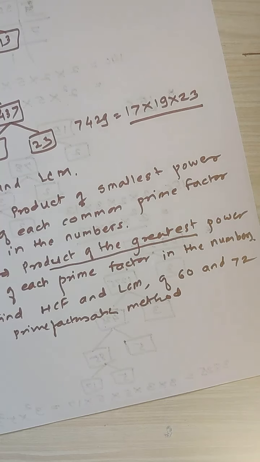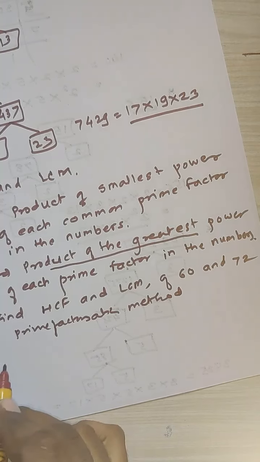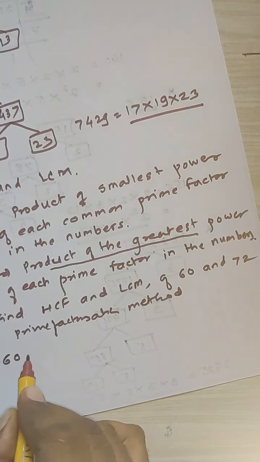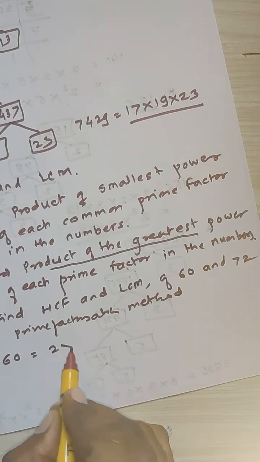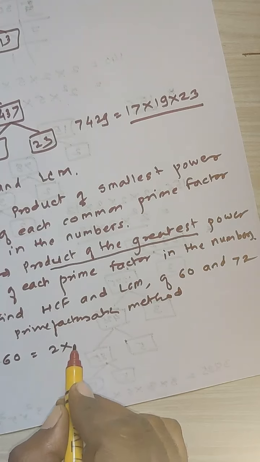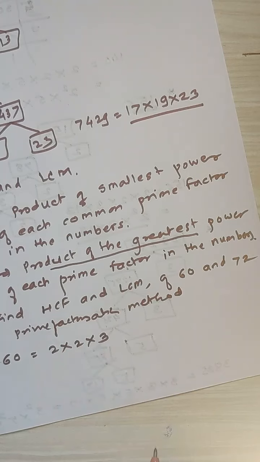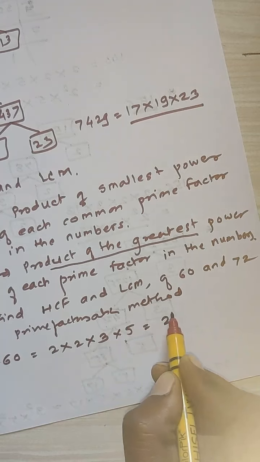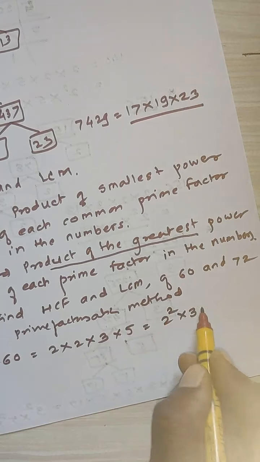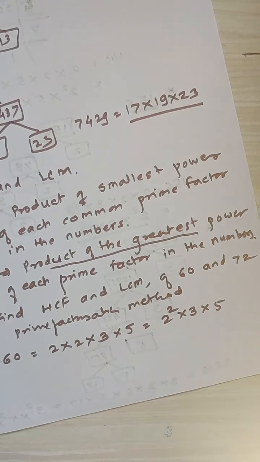So prime factors of 60 we can find as 2 into 2 into 3 into 5, that is 2 is here 2 times, 3 into 5.